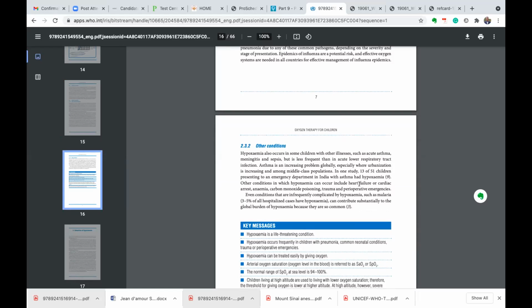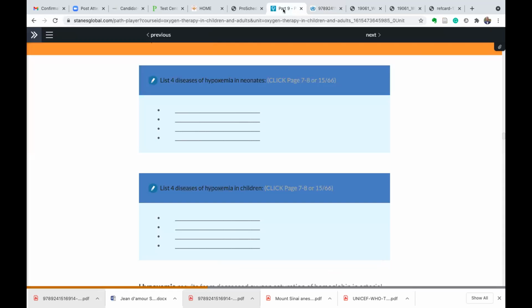Again, as you said, children with heart failure and other cardiac abnormalities, anemia, carbon monoxide poisoning, trauma, and perioperative emergencies. Malaria also is a consideration, and that's a good list, I think. Very good.